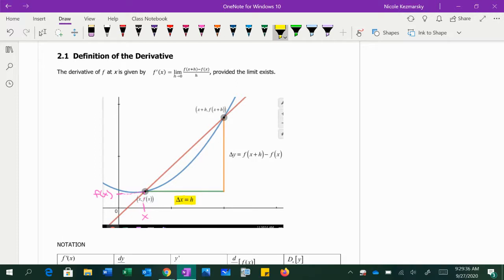And sometimes when you're dealing with the definition of the derivative, instead of using delta x, someone will use h to represent that change in x. So delta x because delta means change, but h because it's a little more simplified than trying to use delta x as a variable. So delta x is going to be this distance here along the x-axis.